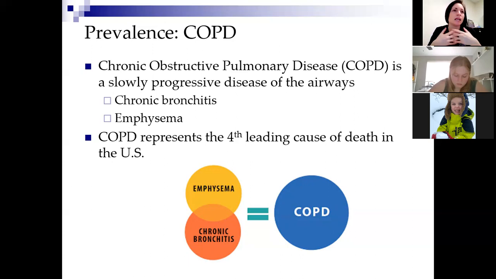It's like a permanent thing, but they can slow the process and treat the symptoms. COPD is the 4th leading cause of death in the United States. Basically, COPD is a combination of emphysema and chronic bronchitis. When you have emphysema and chronic bronchitis together, you have COPD.